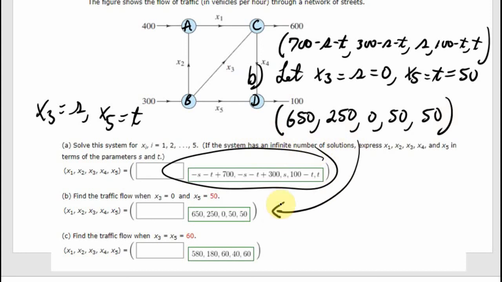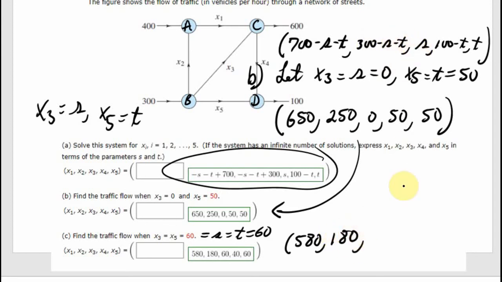So that's that. And then the same thing, let x sub 3 equal x sub 5 equal t. That is, let s equal t equal 60. So for the first point, that's 700 minus 120, 580. 300 minus 120 is 180.